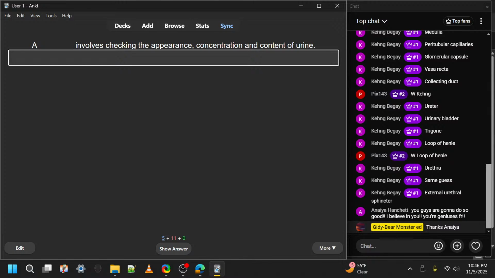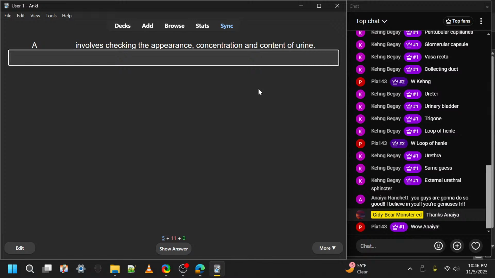Alright. A blank involves checking the appearance, concentration, and content of urine. Ooh, I know it. Where did Kang go? Did Kang leave? This is urinalysis.